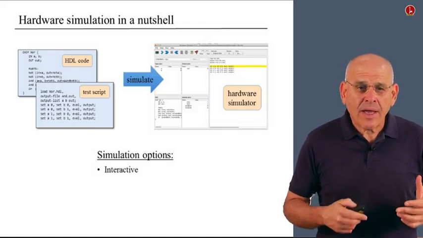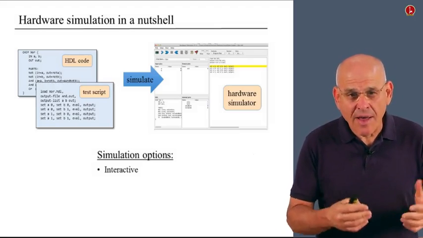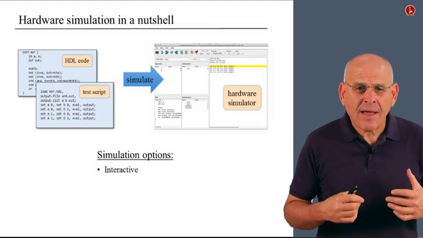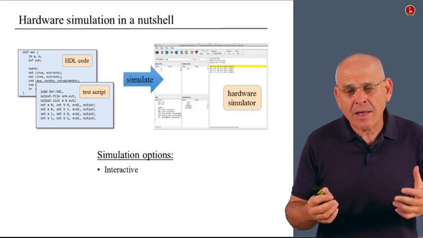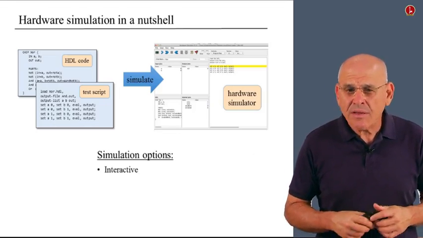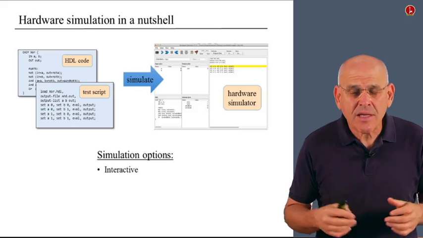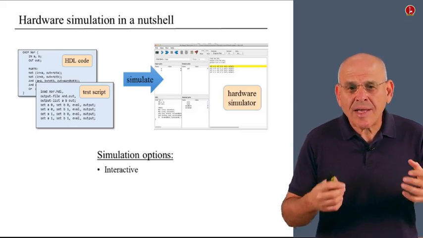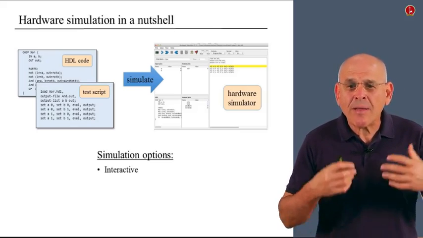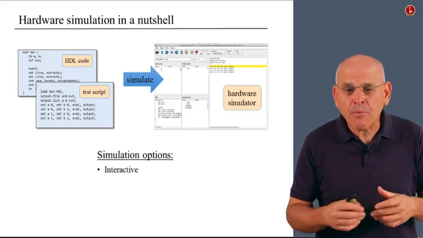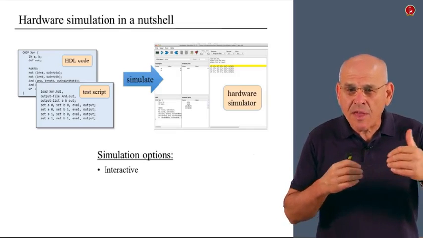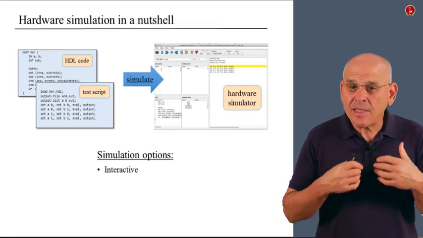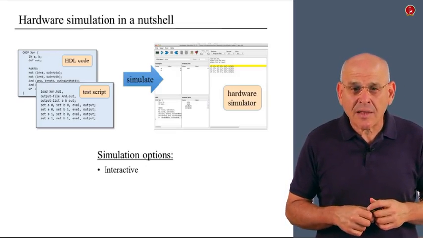Alternatively, we can write another file using a special language that we designed, which we call the testing language, something that you can learn in a few minutes. We can put together a set of replicable tests that are predetermined, so we don't have to do things interactively. We can think ahead of how we can systematically test the underlying chip.